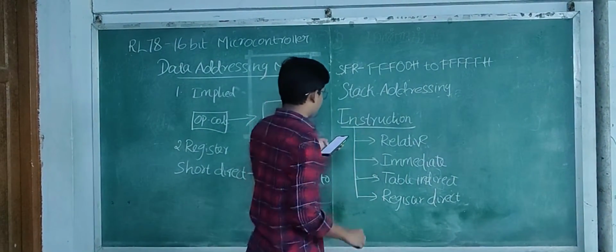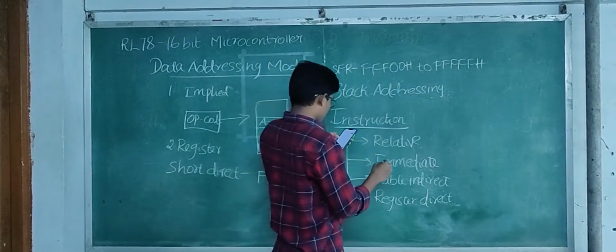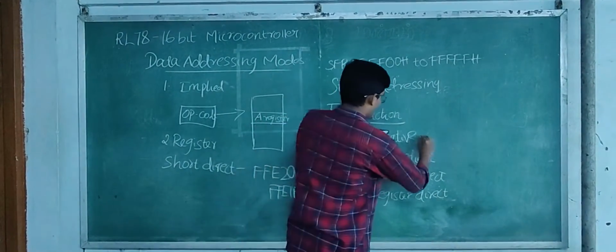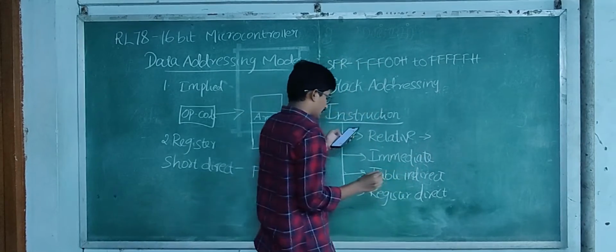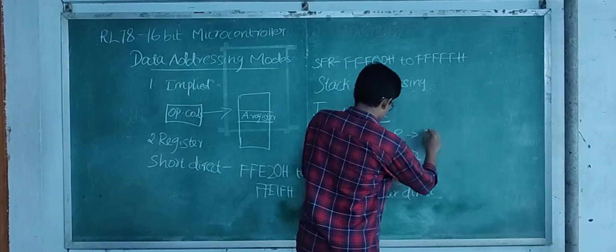These are the 4 types of instruction addressing modes. Relative addressing mode uses 8 or 16-bit displacement to the current program counter to update the target address.